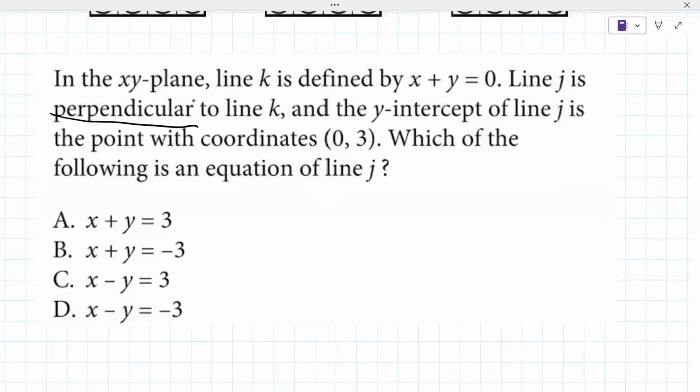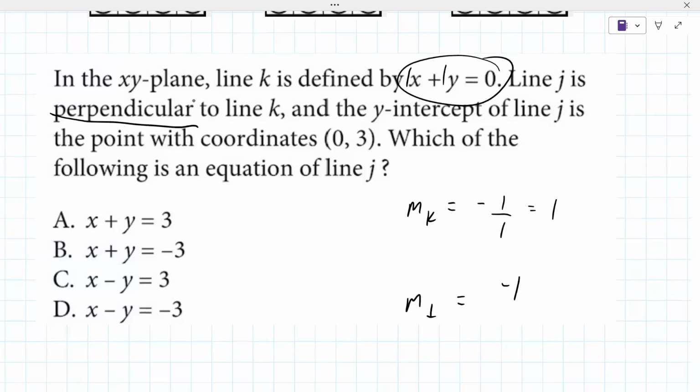So what's the slope of K? 1. K is this one up here, right? Yeah. So it ends up being minus, the A value is 1, so it's -1/1. And so the slope of the perpendicular is the flip of that, which is -1.